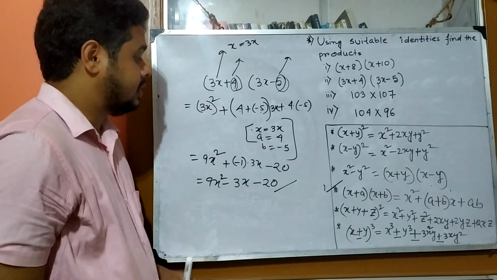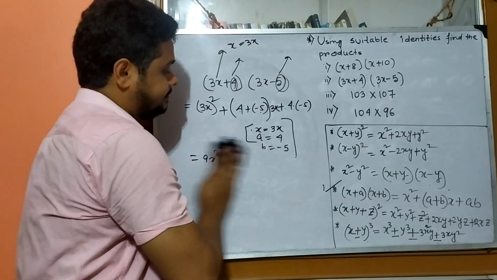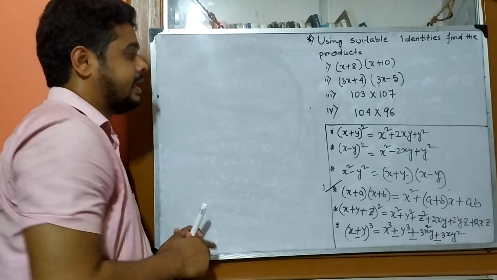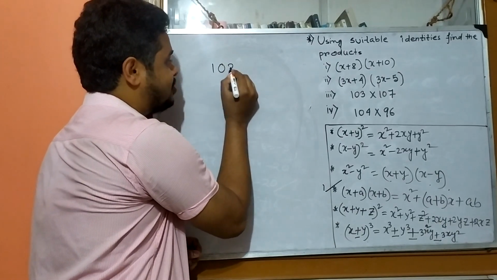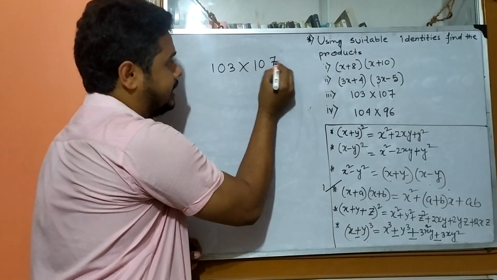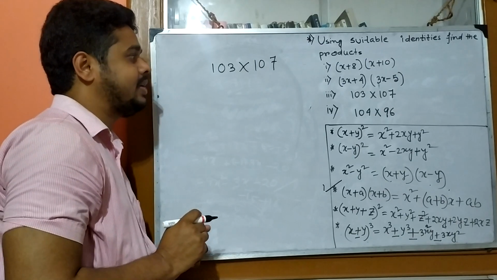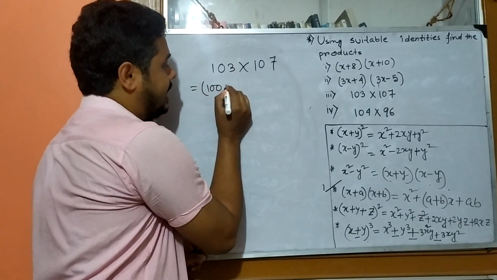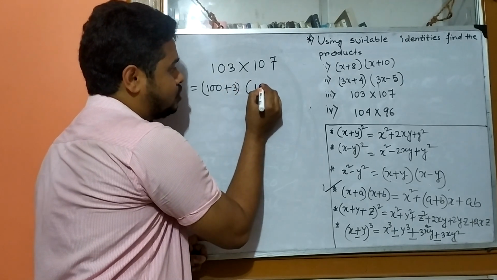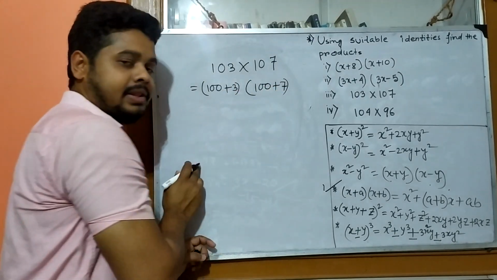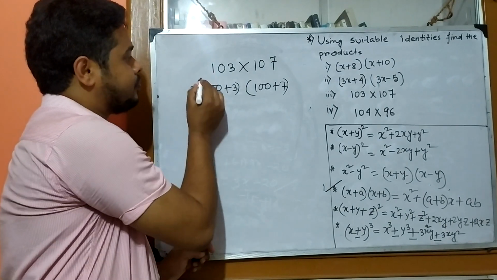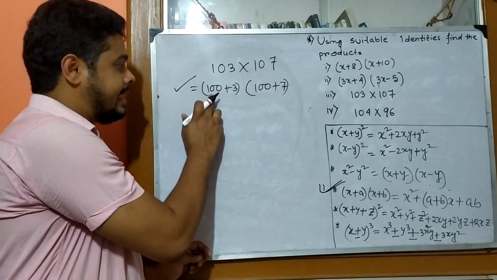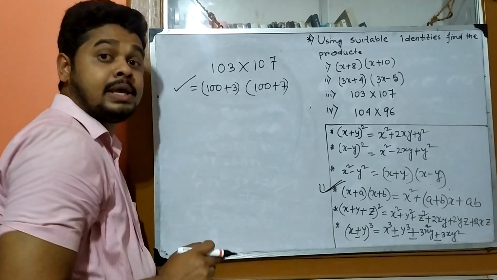Now we are coming to the next problem. Next product is 103 into 107. Simply we can write 100 plus 3 into 100 plus 7, because that way we can compare the problem with the identity x plus a, x plus b.